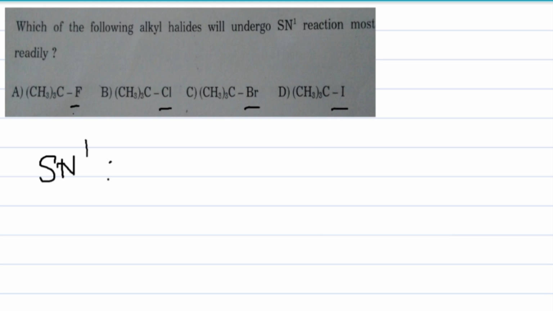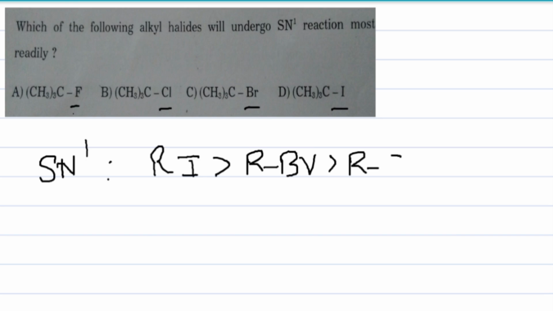What is the reactivity order? Alkyl iodide is greater than alkyl bromide, greater than alkyl chloride, greater than alkyl fluoride. So alkyl iodide is more reactive towards SN1 and SN2 also.